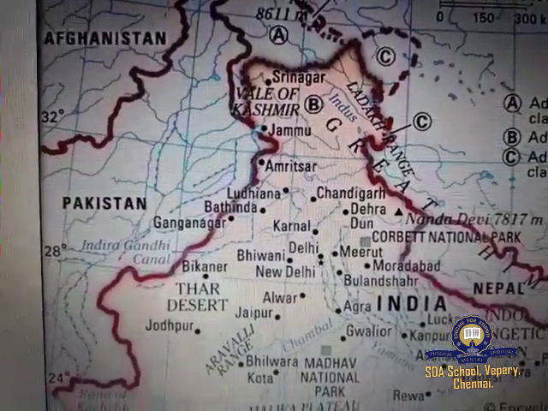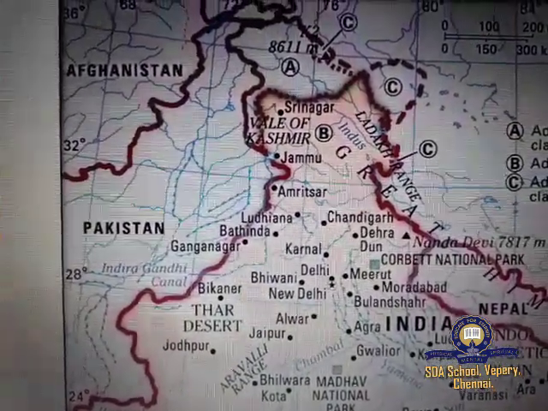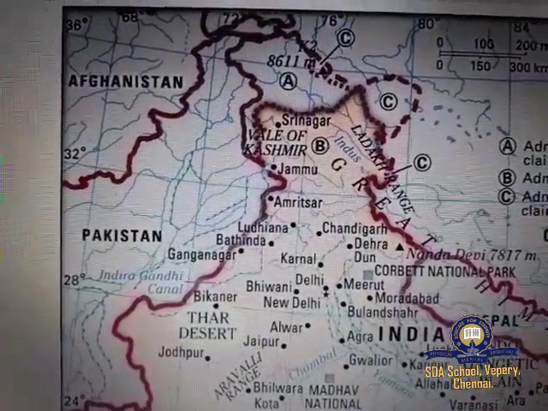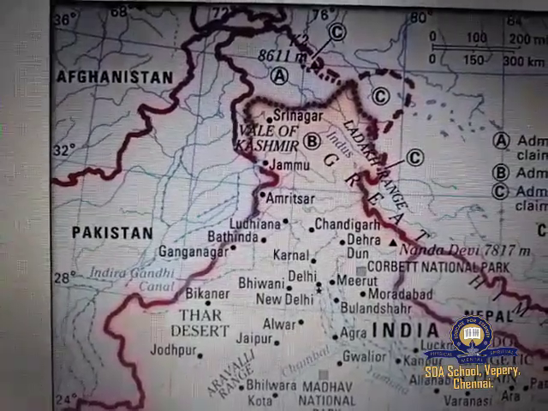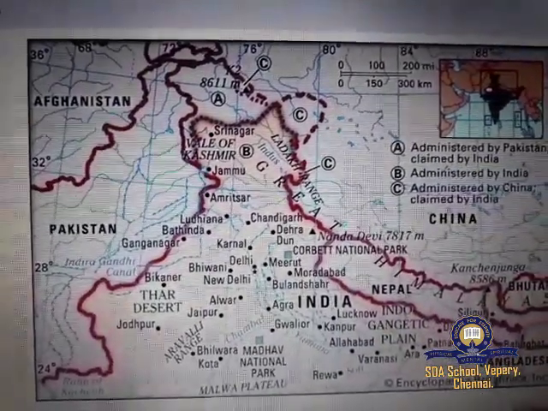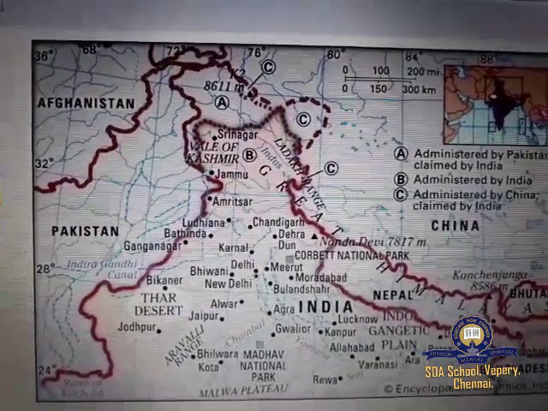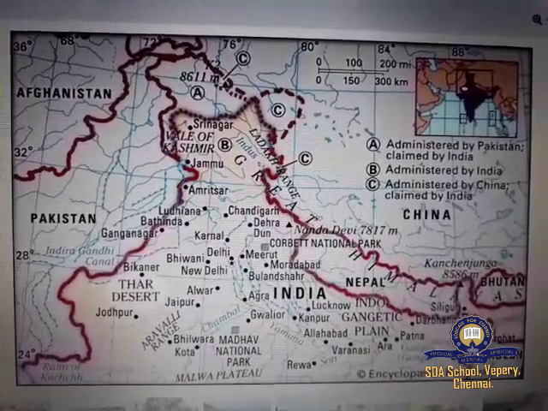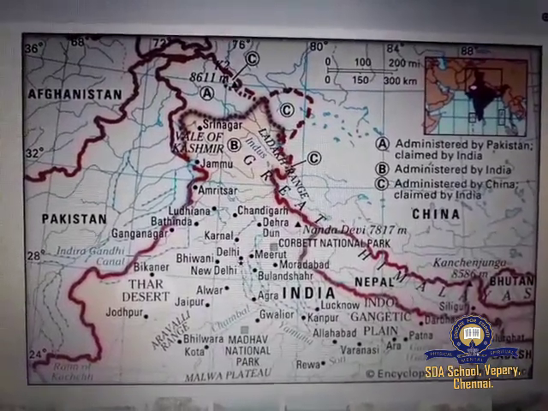It is the world's 7th largest desert and the world's 9th largest subtropical desert, located in the western part of India. The desert lies in the western part of the Aravalli range and covers two-thirds of Rajasthan state.